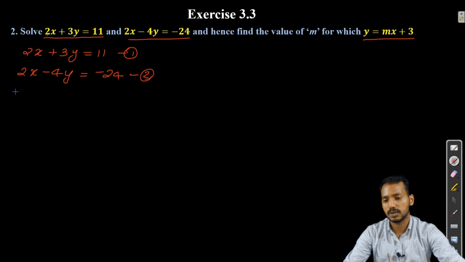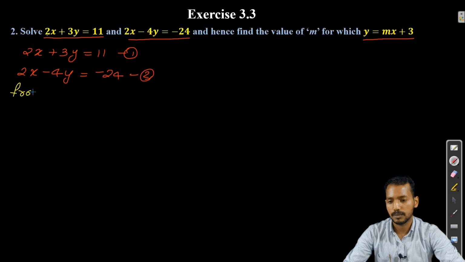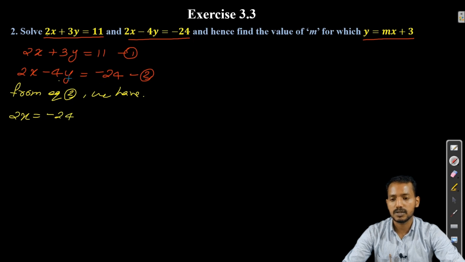In step 1 I am going to take equation number 2. So from equation 2 we have 2x is equal to minus 24, then minus 4y taken to the right side becomes plus 4y. That implies x is equal to minus 24 plus 4y, we can write it as 4y minus 24.